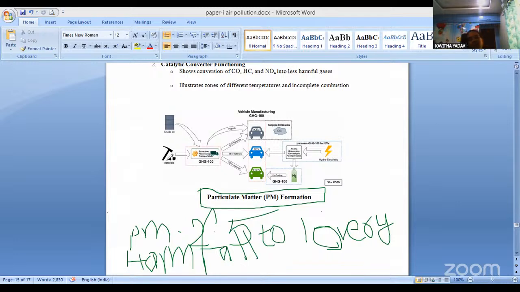It directly affects our lungs and causes respiratory diseases. This is about particulate matter formation.